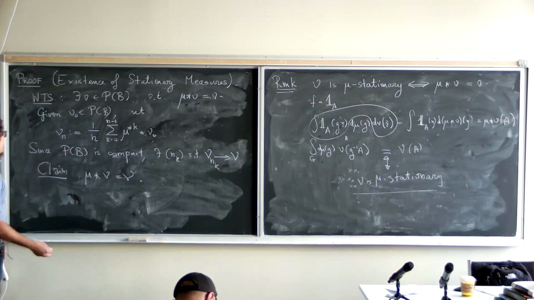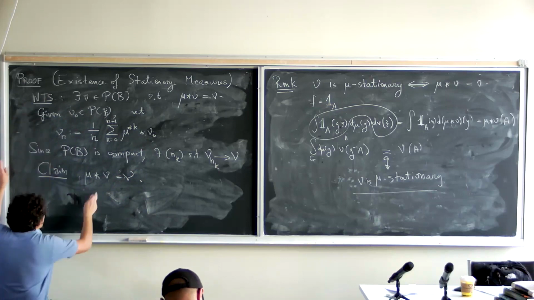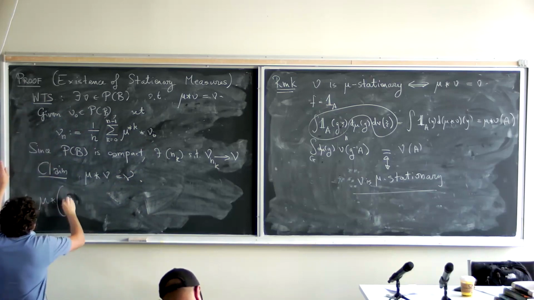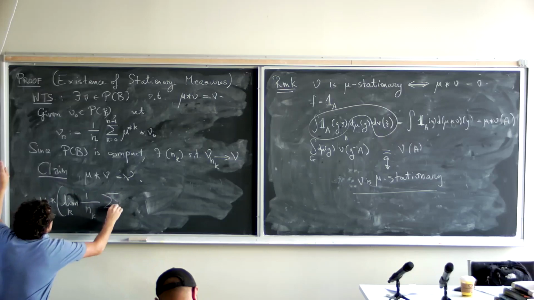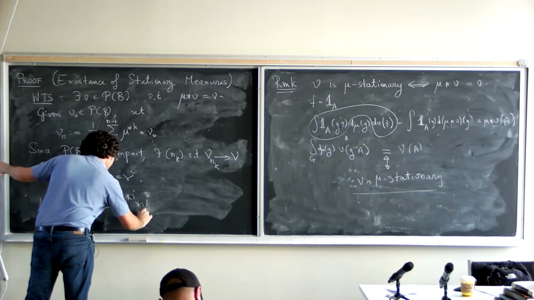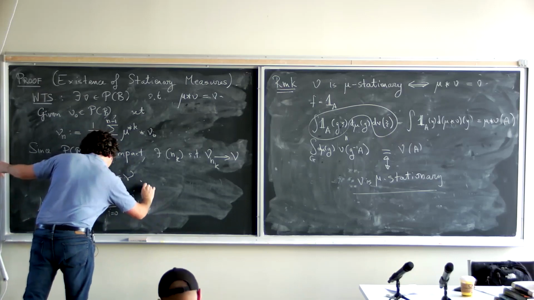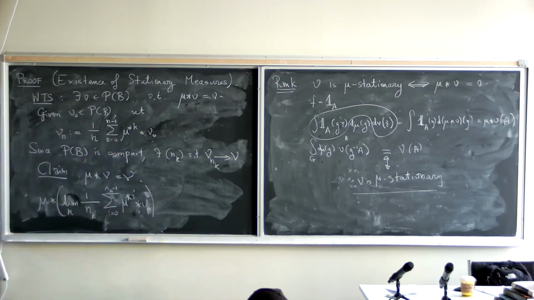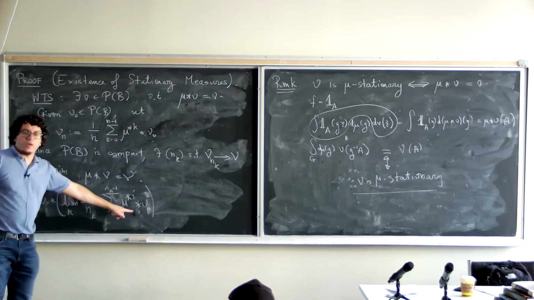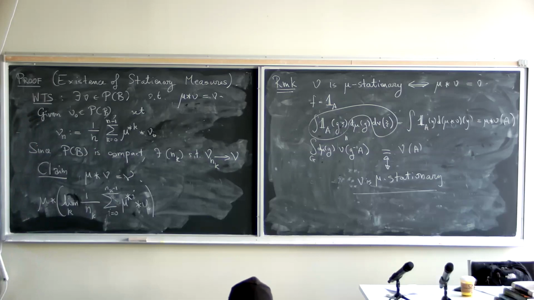And why is that? Well, we have to check. So mu star the limit over k of 1 over n_k, sum of mu star i star nu from i equals 0 to n_k minus 1. You're shifting this over to inside the limit. And then it turns out that you have a telescoping series.